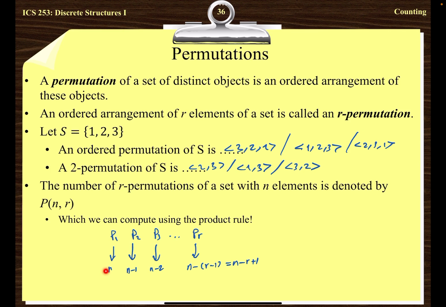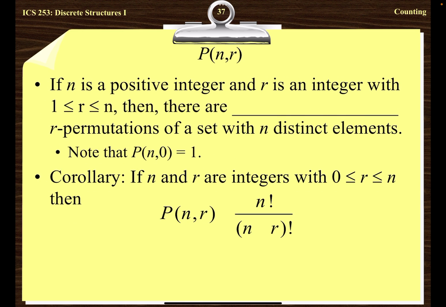So now what is the total number of r permutations? We need to use n factorial over n minus r factorial, which is, by the way, the same as n times n minus 1, because we're using the product rule. n times n minus 1 times n minus 2 all the way times n minus r plus 1. So here we come.